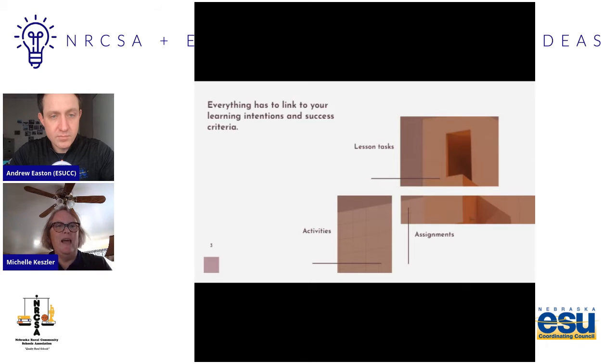And the way you do that is all of your lesson tasks have to be aligned to that end goal. All of your assignments have to be aligned to that end goal. And all of your activities have to be aligned to that end goal. You can pick the coolest activity out there and the kids will love it. But if it's not leading them toward the goal of learning, then it's missing the mark and the target.